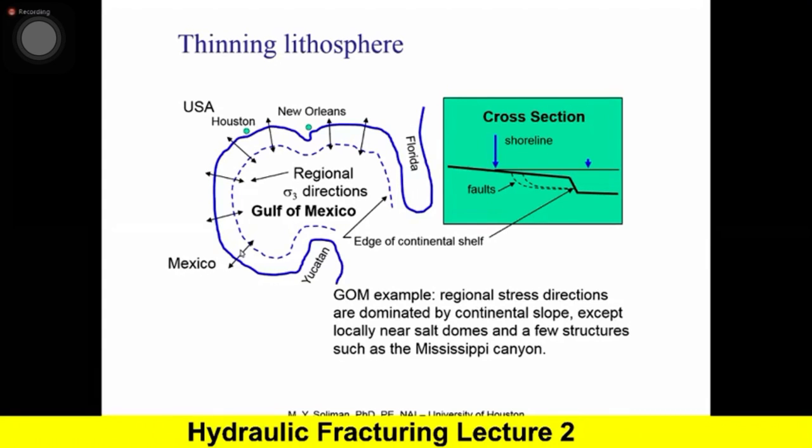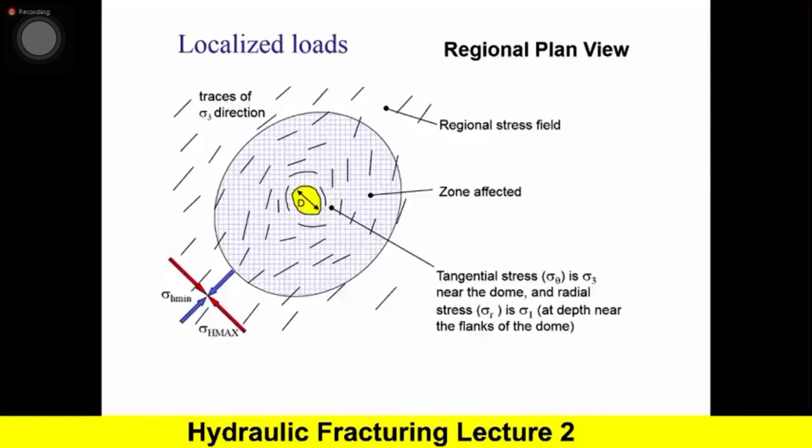If you are in Mexico, the minimum stress is in a different direction and the fracture is perpendicular to it. So it does not mean that in the Gulf the orientation is the same everywhere. That is one reason people will have to test the formation to tell the orientation and magnitude of stresses. We'll talk about ways to do that next week.